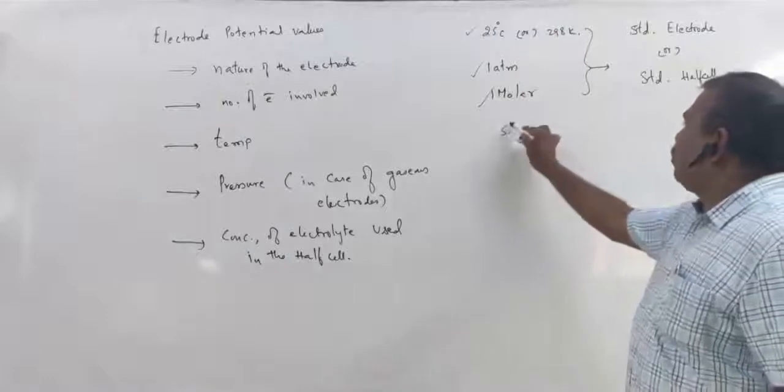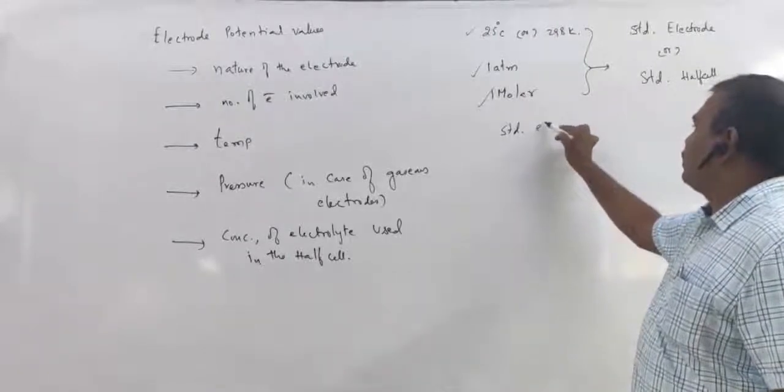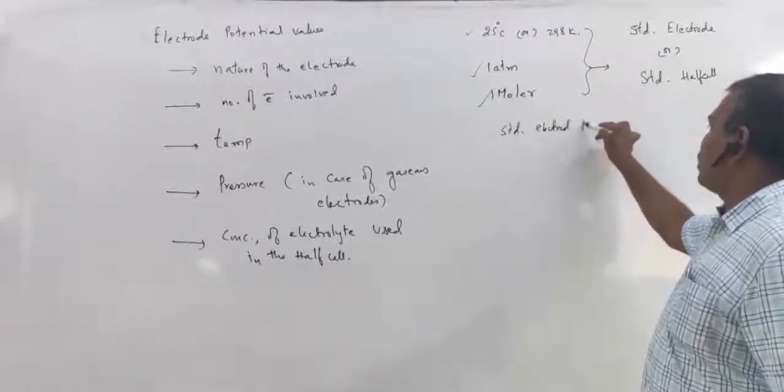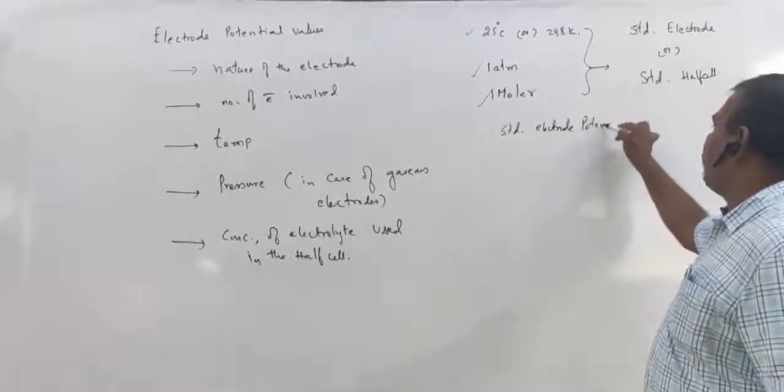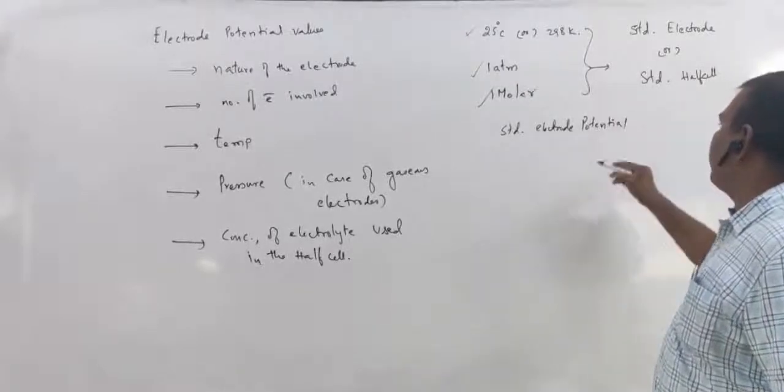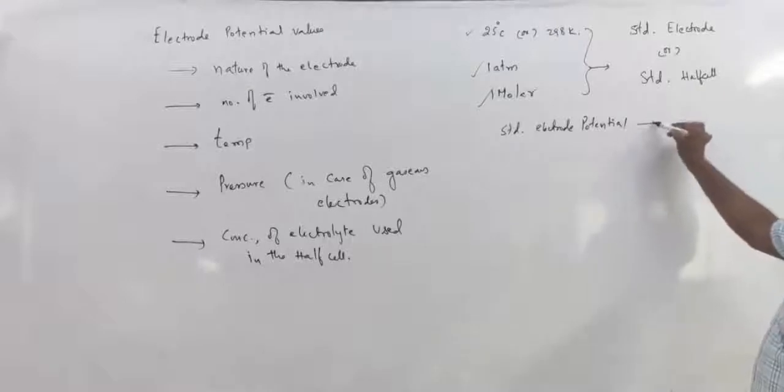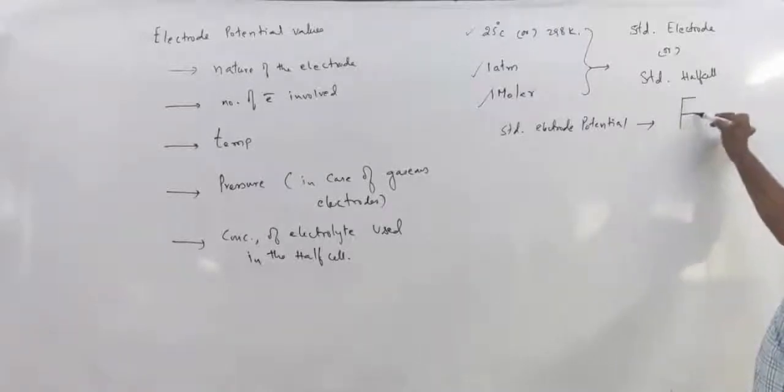Standard electrode potential is represented by E naught.